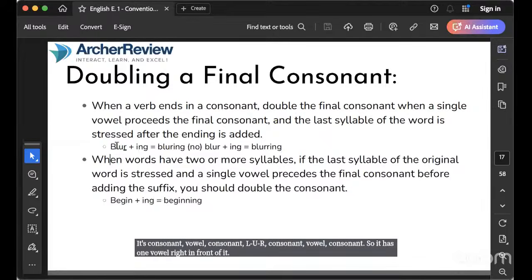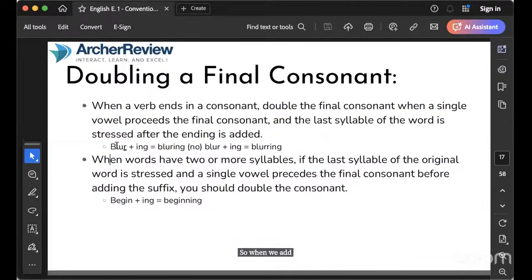So when we add a suffix onto it, how do we know if we should just leave it as one R or if we should double it? Well, because it has the R with that single vowel in front of it, and when I say the last syllable, blur, there's two syllables, blur.